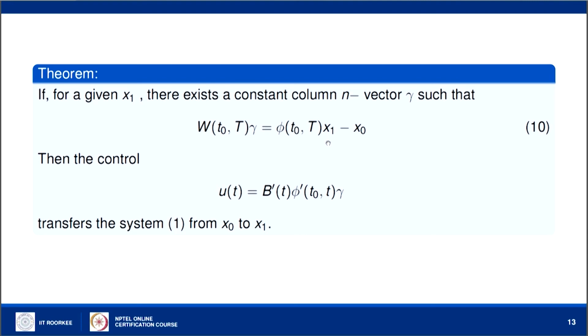If a system is not controllable, it does not mean that from any initial condition we cannot reach any final condition. It only means that some final conditions can be reached and some cannot. So, we will see for which initial and final conditions one can find a control so that the solution goes from x0 to x1.